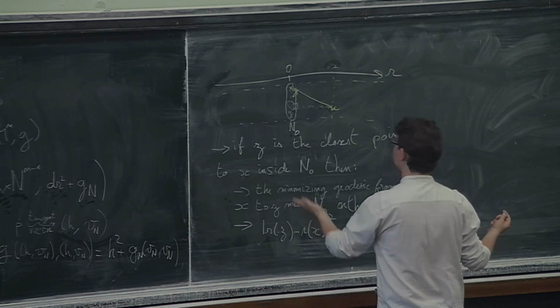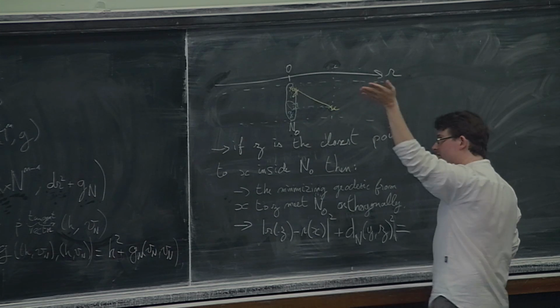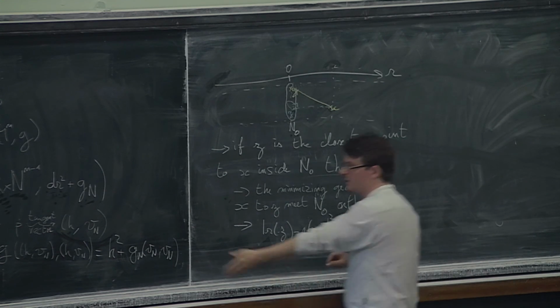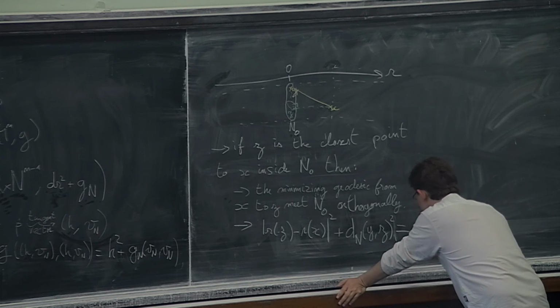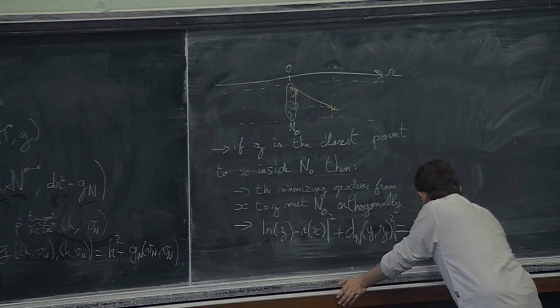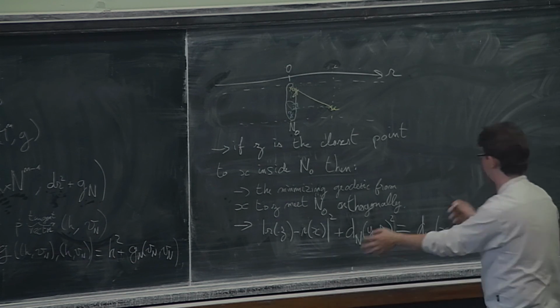And there, actually, what I drew is not that bad because you can make the computation: Pythagoras theorem holds. So that's d m of x y squared.